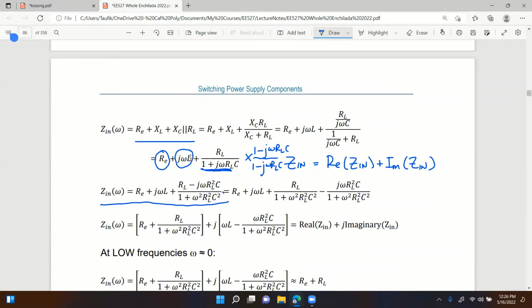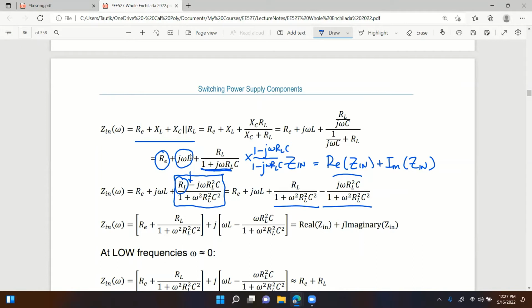Notice as soon as I do that, there is no J anymore on the denominator, right? That's good because then I could break this term down into two, RL minus this term. So I can break it down into RL over the whole thing, which is right here, and j omega RL square times C on the other term, divided by the same denominator. See that?